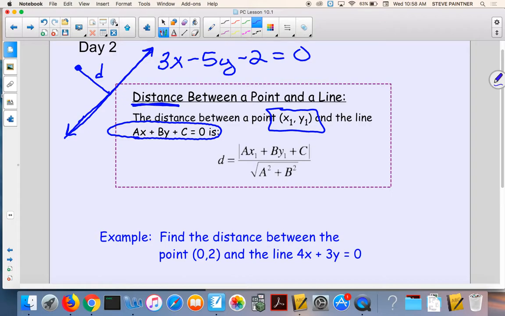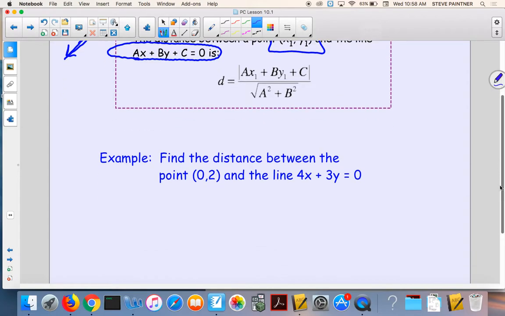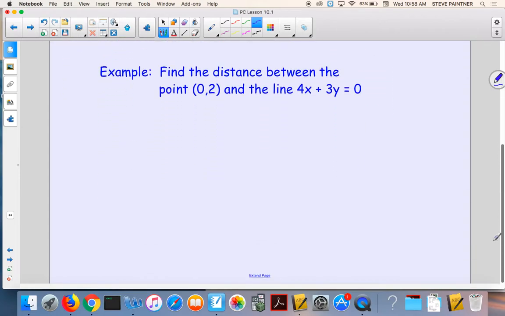All right. I don't think I'm going to sit here and do this for you. I think it's pretty self-explanatory. I'd like you to take this problem, find the distance between the point 0, 2 and the line 4x plus 3y equals 0. And I'm going to ask you to try to sketch it a little bit, just to see what you're looking at. So if I were to sketch that, I would look at the point 0, 2 to be about right there.